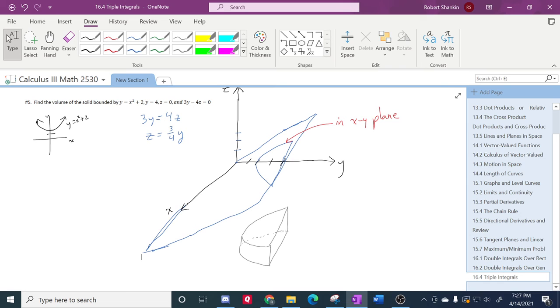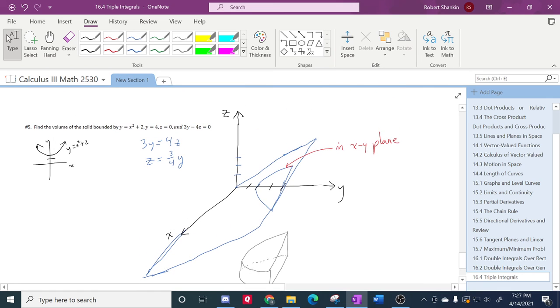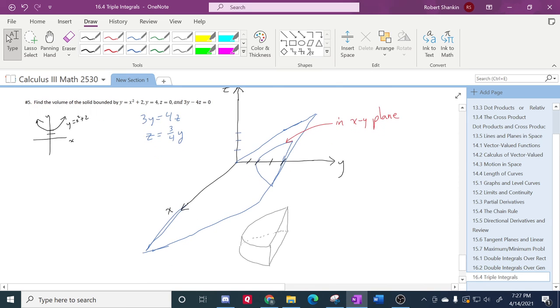Okay. And so now let's take this region. Now when we're finding the volume of this solid, I could go with a triple integral to do this.